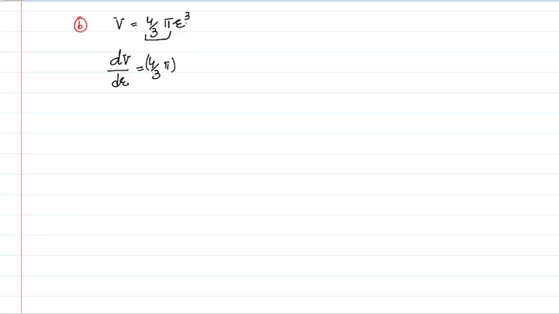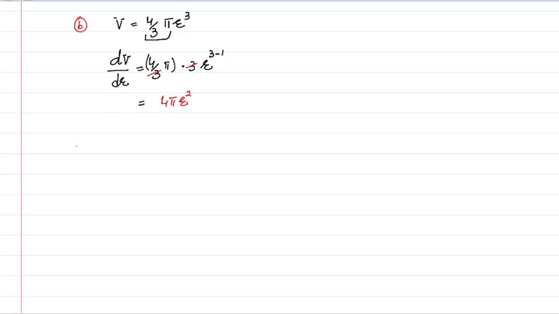Now this is r cube. You will simply write 3 r raised power 3 minus 1. So this will be equal to, you can further simplify this, this 3 and 3 will go, it will be 4 pi r square. So the first differential of volume with respect to radius, if volume is equal to 4 by 3 pi r cube, will be equal to 4 pi r square.